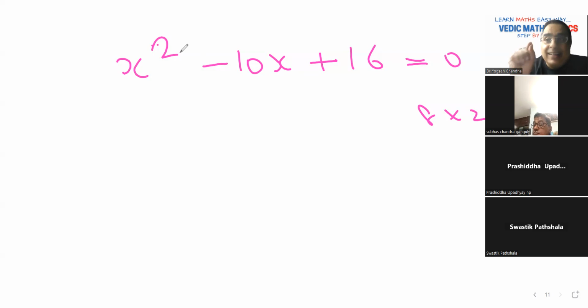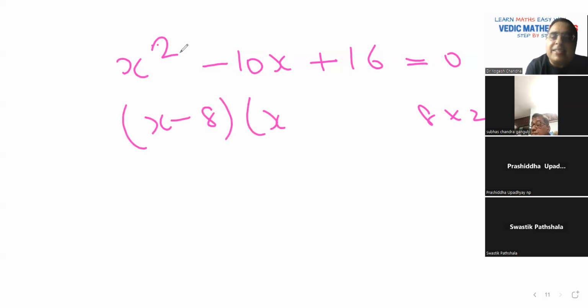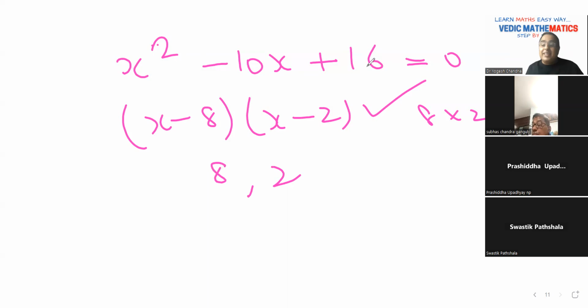But understand, sign is negative. So x minus 8, x minus 2 are the factors. And roots 8 and 2. Okay. See how simply you can find out if you understand how to break the terms. We'll study very big ones also.